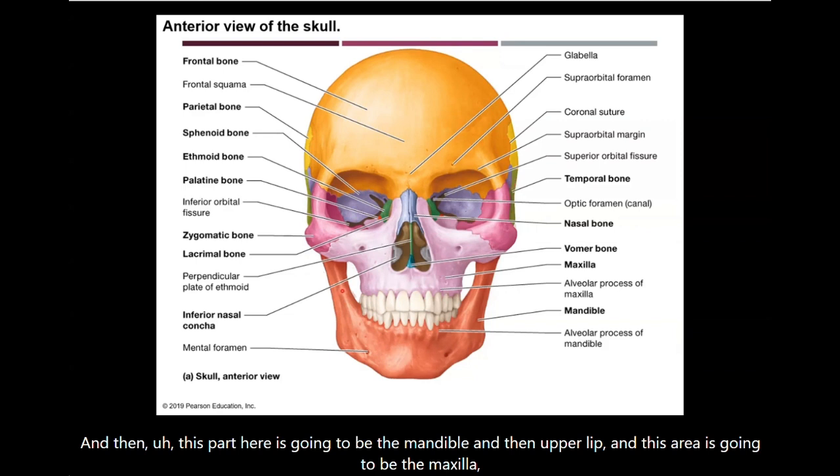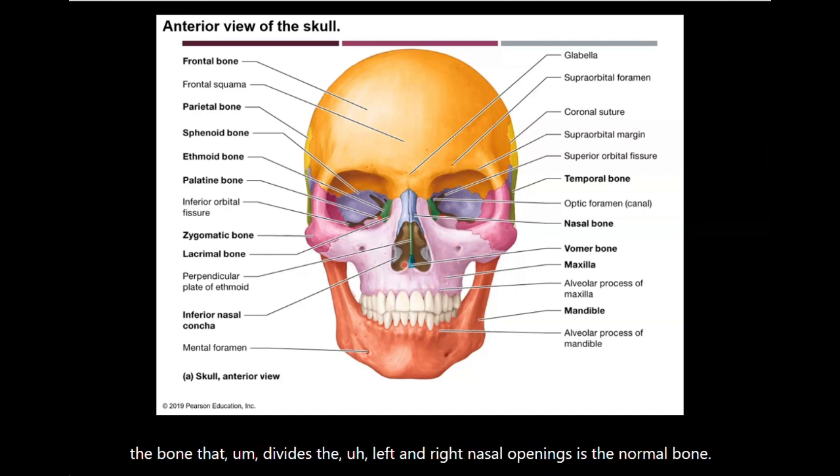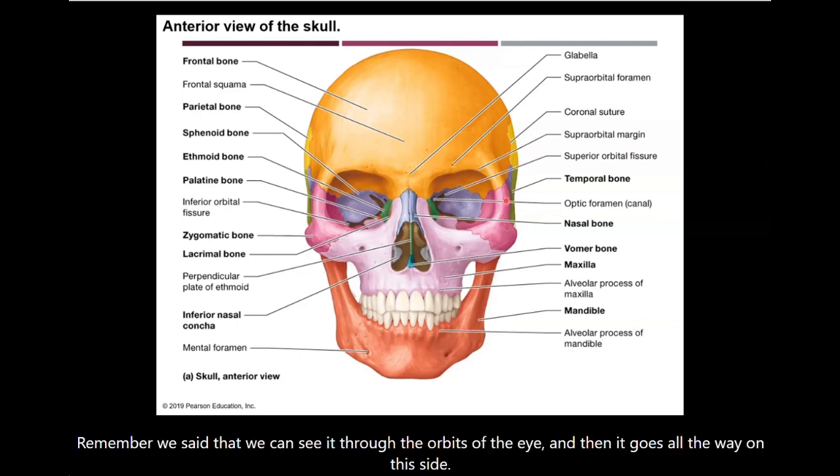And then this part here is going to be the mandible, and then upper lip, and this area is going to be the maxilla. The bone that divides the left and right nasal openings is the vomer bone. And then here we have the nasal bone. The mask, remember we said that we can see it through the orbits of the eye, and then it goes all the way on the side.